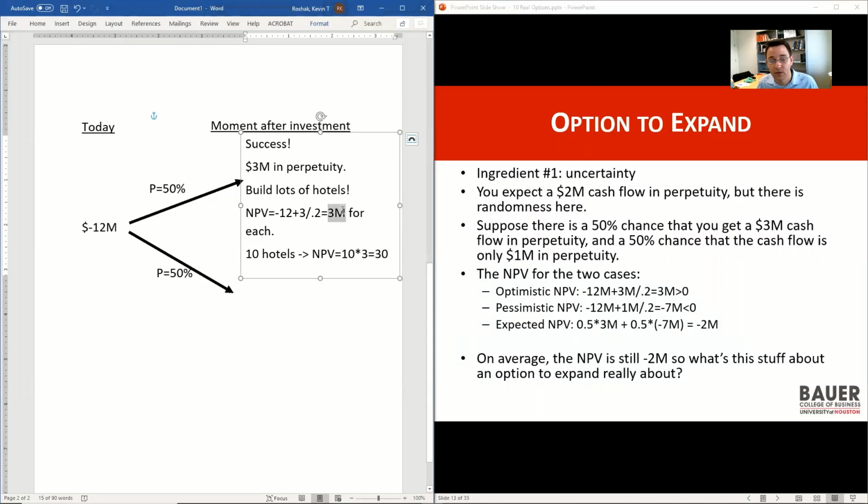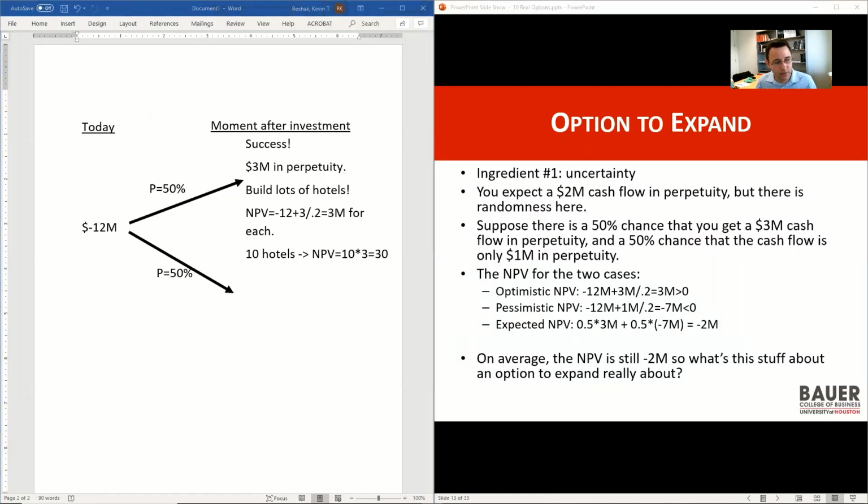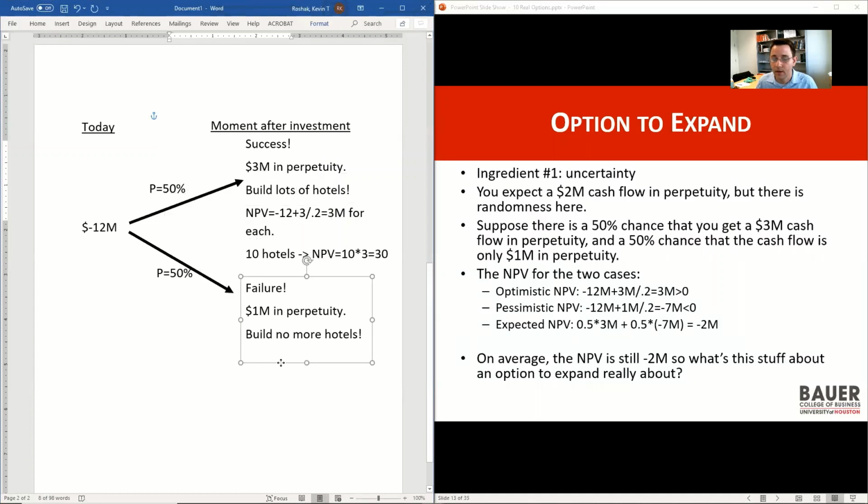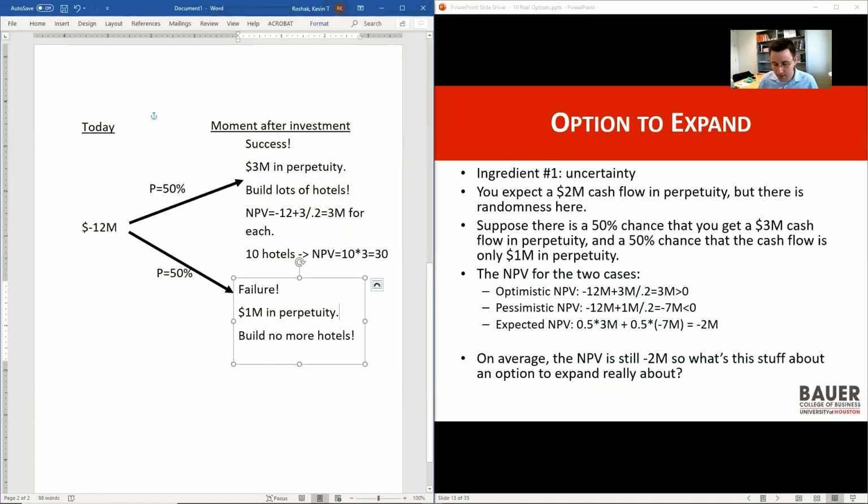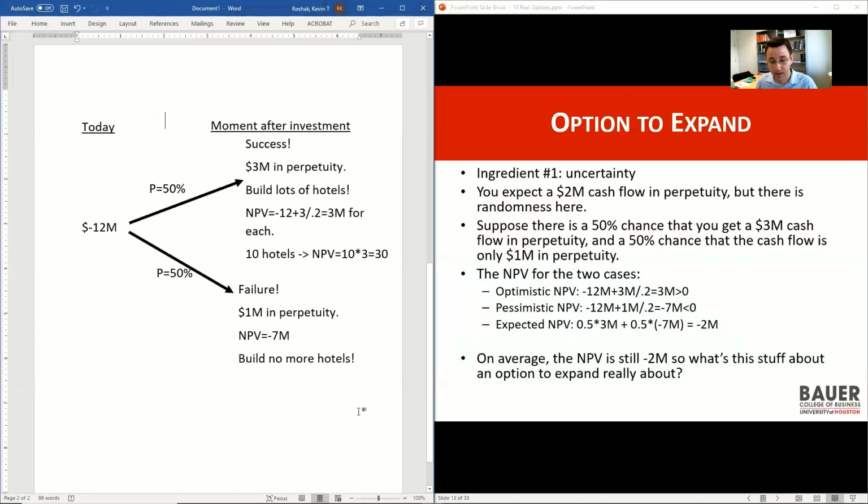Right, you started off with this 3, but you decide, okay, I'm going to build 10, or 9 more to bring the total to 10. That gives me an NPV of 30 when things look good. If things look bad, however, half the time things do look bad, and you only get $1 million in perpetuity. So the NPV here we saw was minus 7. So if the NPV is minus 7, then you definitely do not want to build more hotels. Right? You just build that one, and that's it.